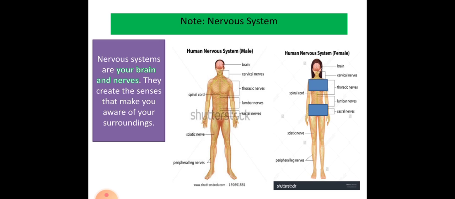All the information that you get from your 5 senses, like the sense of hearing, sense of seeing, sense of touching, sense of tasting, and sense of smelling. So that is what all animals have. So all the 5 senses that all animals have.